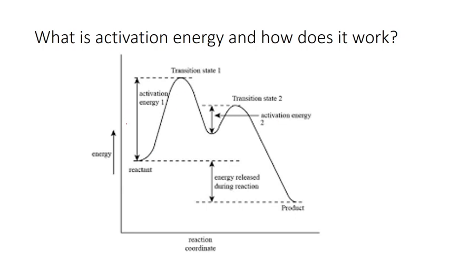So here we have activation energy 1 that leads us to our intermediate here. And then for that intermediate, there is an amount of activation energy for the reaction with the intermediate that then goes on to form the product.